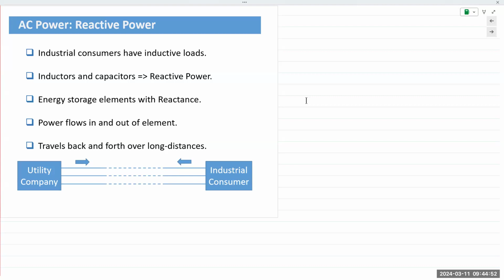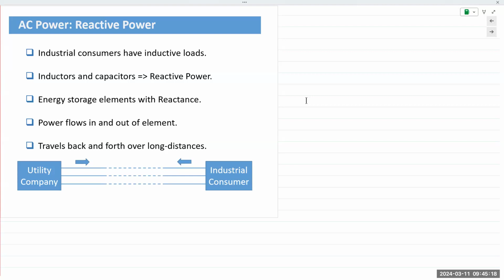This power does not actually do any real work. It is set up for the magnetic field. So the inductive load has to draw reactive power from the utility company.